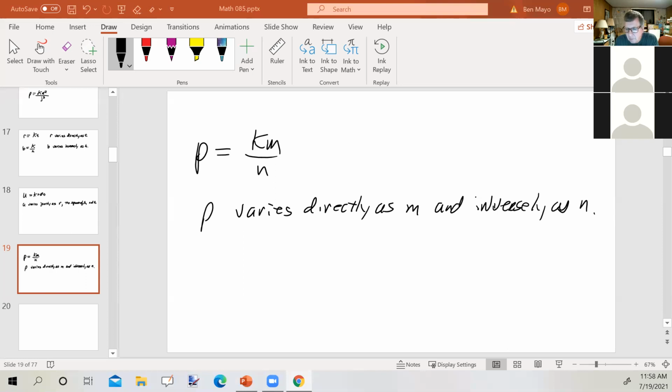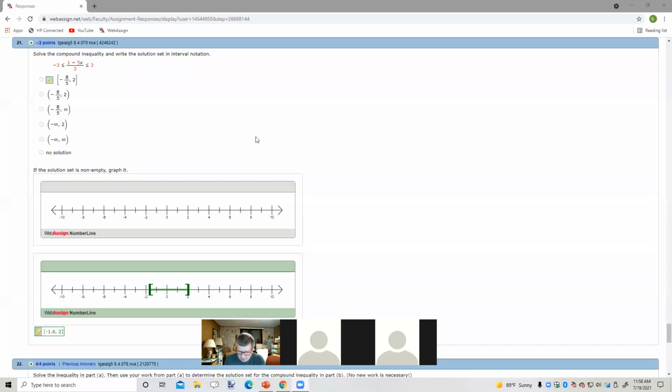Okay. Can you see it now? Yes. All right. Solve the compound inequality and write the solution set in interval notation. So we've got -3 less than or equal to (1 minus 5x) over 3 less than or equal to 3. Okay, so now I've got that written down on the whiteboard.